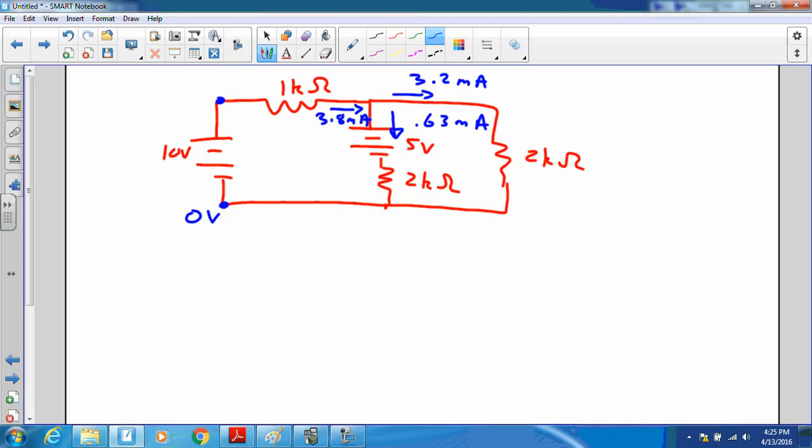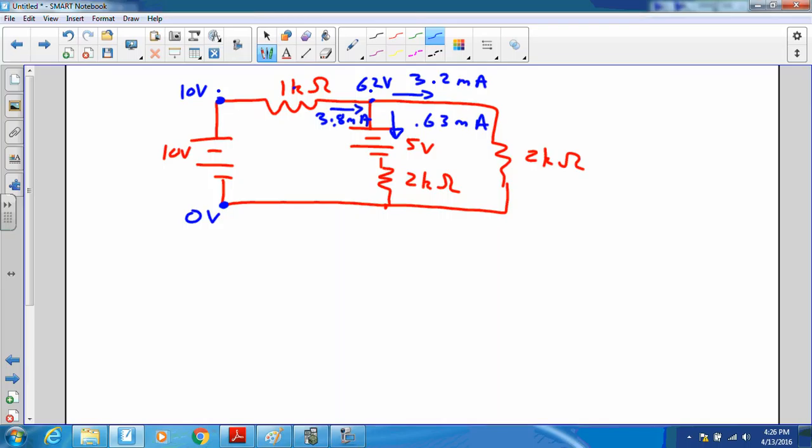Then as I go around this loop on the left, this point is going to rise by 10 volts. Then it's going to drop by 1 kilo ohm times 3.8 milliamps. It's going to drop by 3.8 volts. And 10 minus 3.8 gives me 6.2 volts right here at this point.